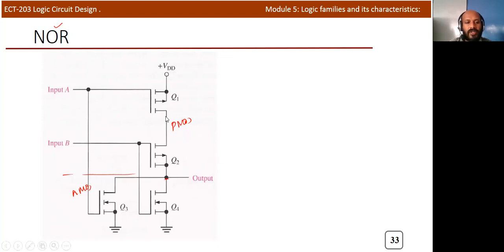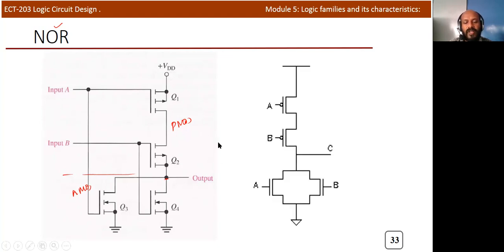Instead of drawing this detailed diagram, I can draw a very simplified diagram. The lower portion we will draw using NMOS transistors and the upper portion using PMOS. And if you observe the gate, this is a NOR gate, or you can simply visualize it as an OR gate.